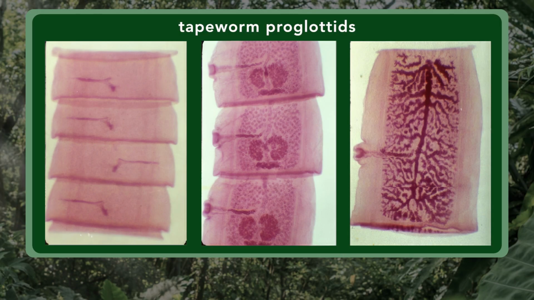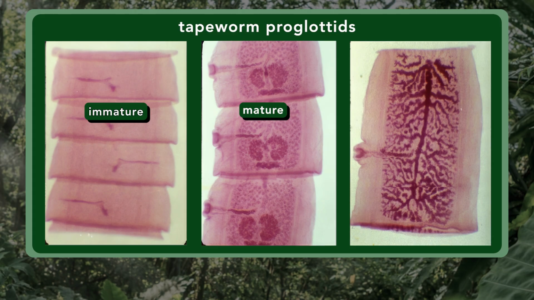The proglottids mature as they move down the tapeworm's body. When they're first produced at the neck, they're immature. And when we say immature in parasitology, we always mean not ready to accomplish sexual reproduction and produce sperm or eggs. So their gonads are underdeveloped when they're just produced at the neck. As the proglottids age and move down the strobila of the tapeworm, their gonads mature.